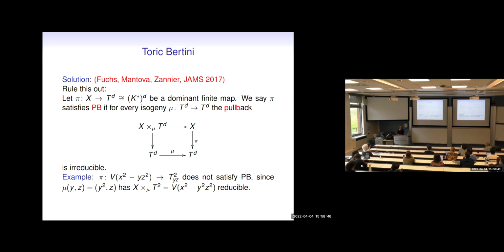So what we're saying is, a dominant finite map of X onto a torus satisfies the pullback property, property PB, if when I do the pullback, the pullback stays irreducible. This isn't going to be true for all examples, as we just saw on the previous slide, but if you have an isogeny, I pull back, pass to one irreducible component and keep going, eventually you'll run out of things.